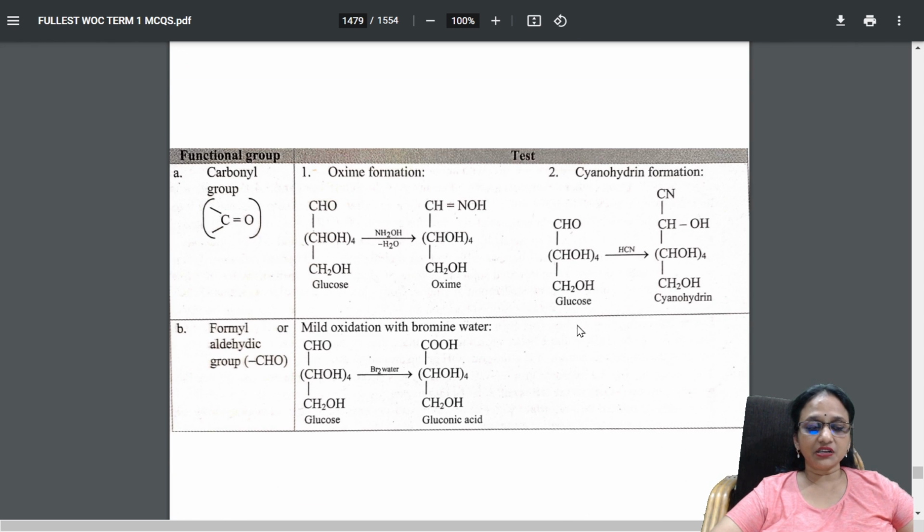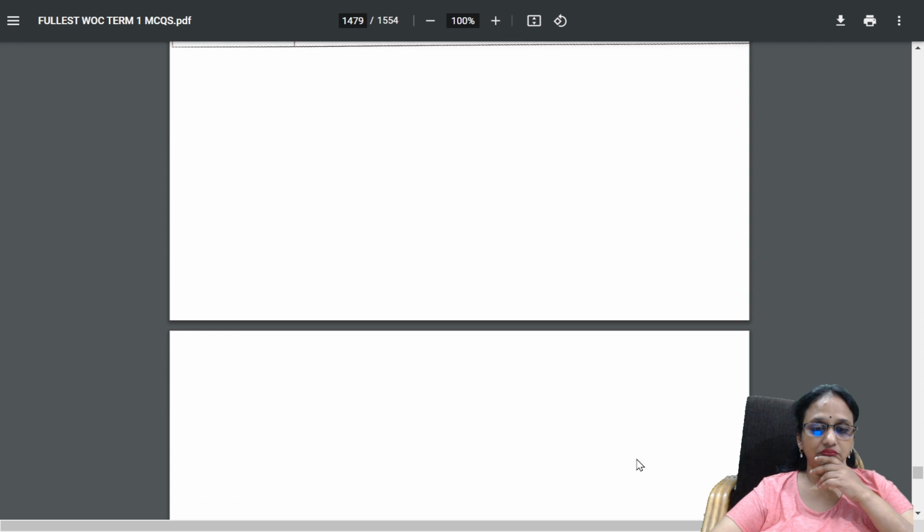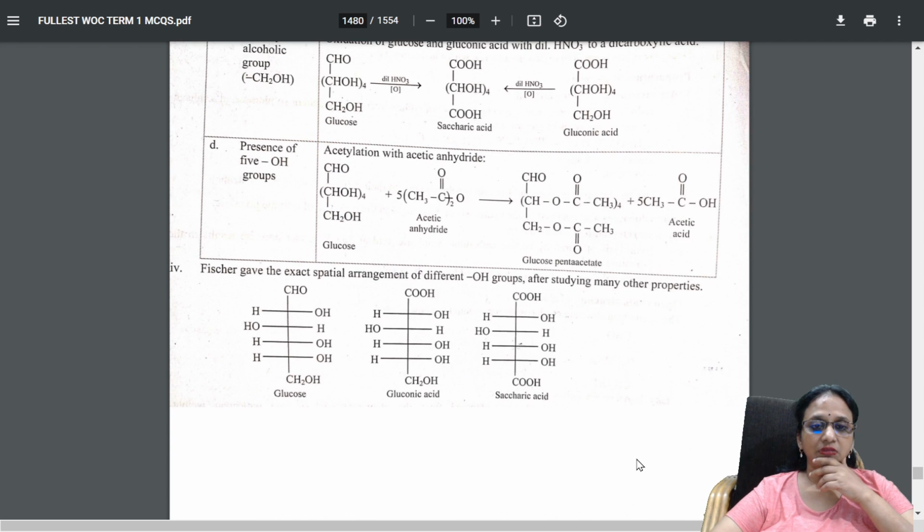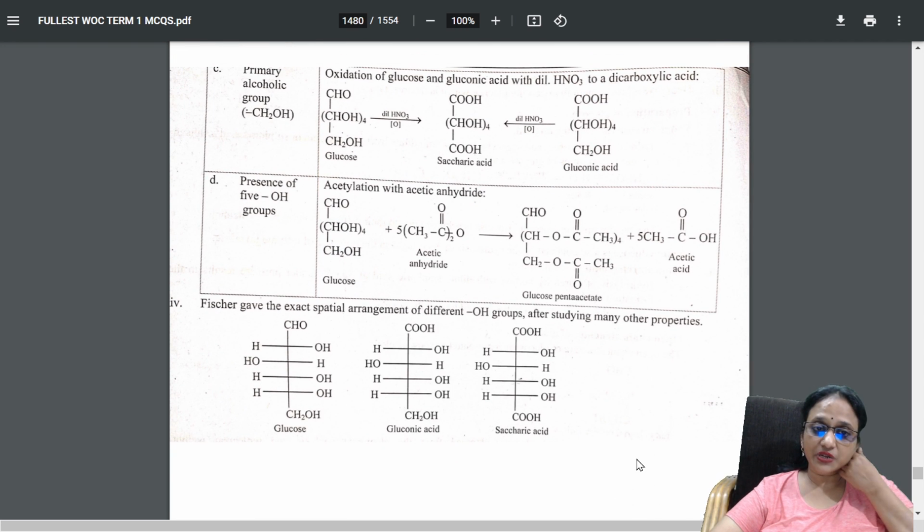These are the different chemical reactions of glucose. Different reactions due to the primary alcohol, secondary, reactions due to OH groups.